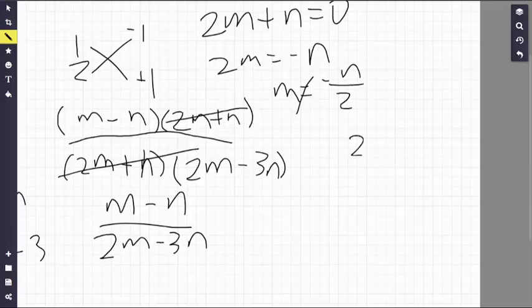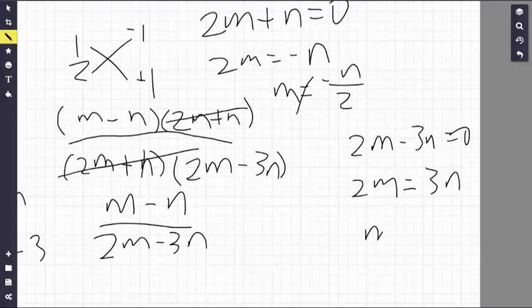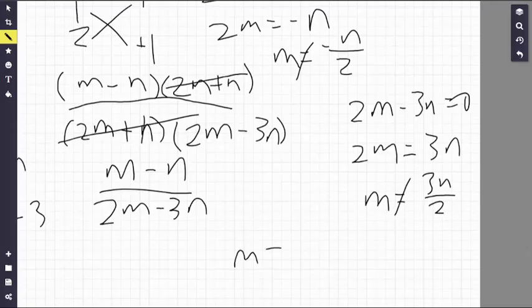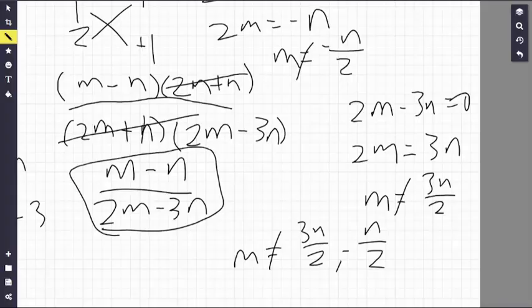And then 2m minus 3n equals 0. 2m equals 3n. m equals 3n over 2. So the restrictions are m cannot equal 3n over 2 or negative n over 2. And then this is our simplified expression, and this is our restriction.